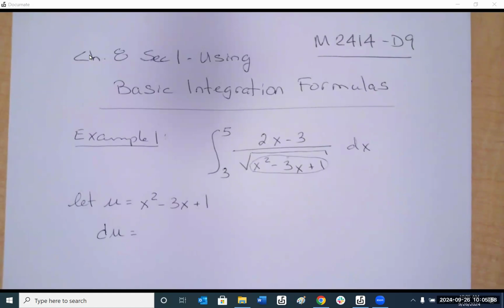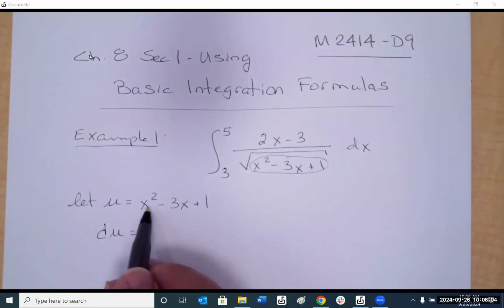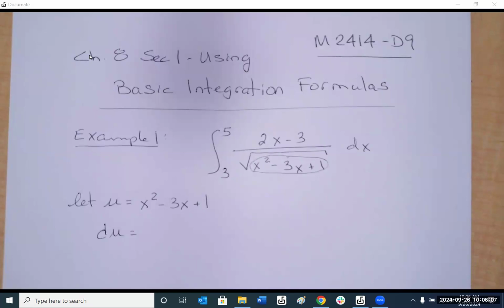So the longer equation, the more complex equation, will usually be defined as u. What's the derivative of u? Here's u. What's the derivative of this function? 2x minus 3. So this is du dx, because we're taking a derivative with respect to x.